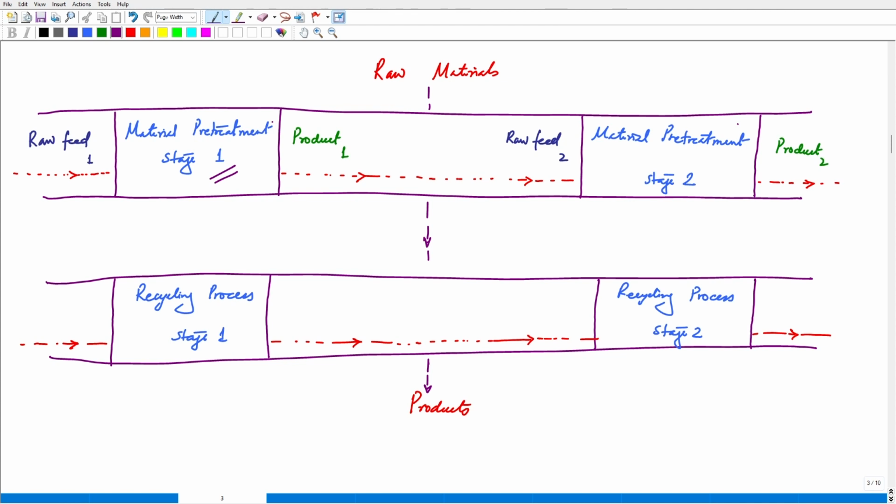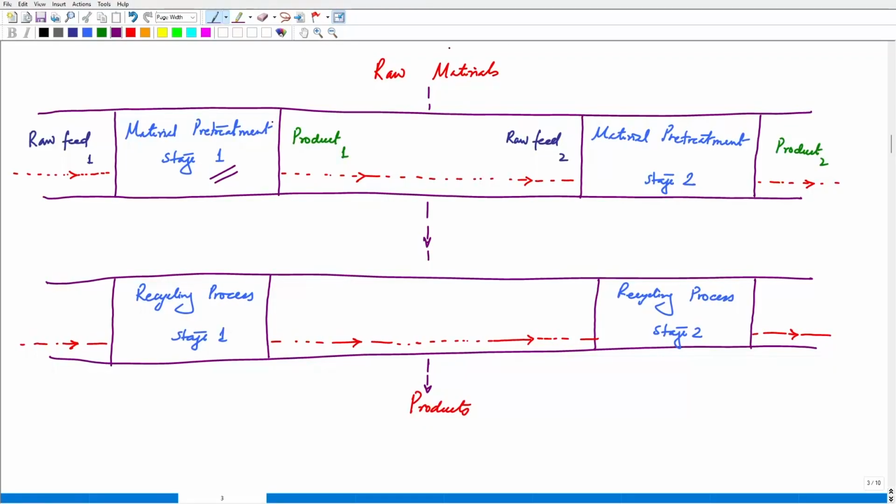Now, pre-treatment stage 2 could be used depending upon what type of phase we are expecting in the recycling stage 1. So, the flow of this sheet is material pre-treatment 1, followed by material pre-treatment stage 2, followed by recycling process stage 1, and recycling process stage 2.